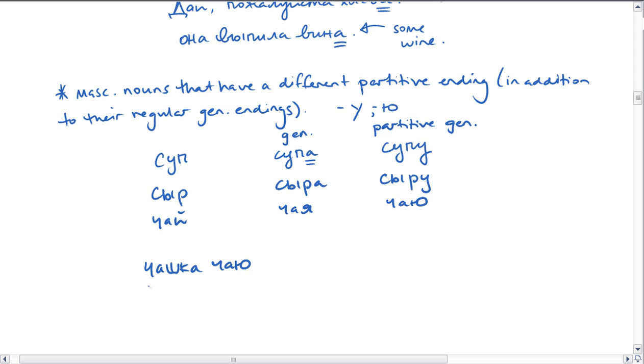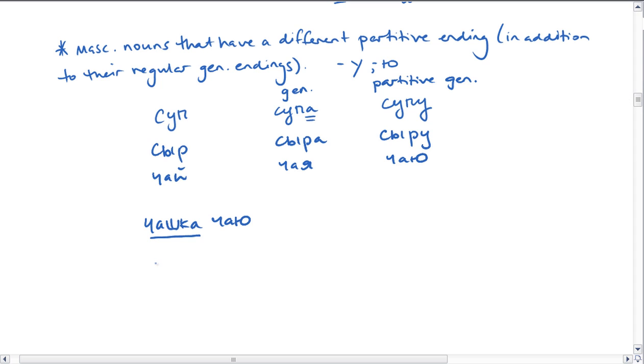And I use this example because you use the partitive ending not only when you mean some, but after certain words that specify a specific amount or quantity, like чашка, a cup, or бутылка коньяку. So this is another masculine noun with a special partitive ending.